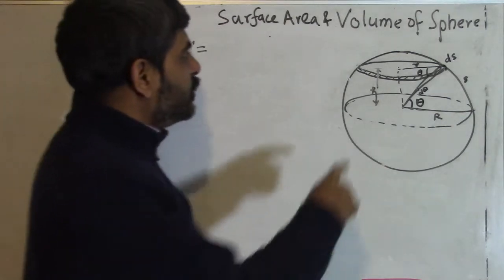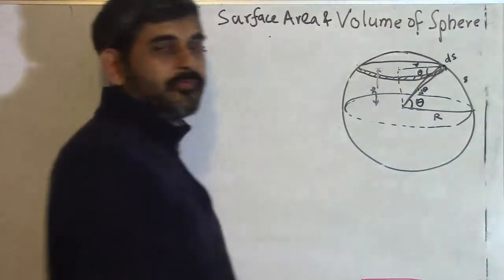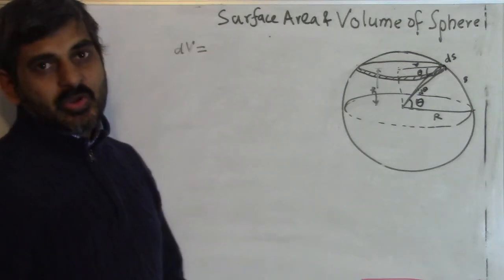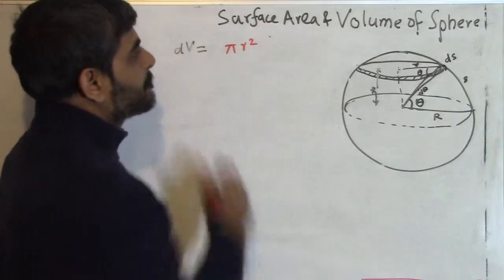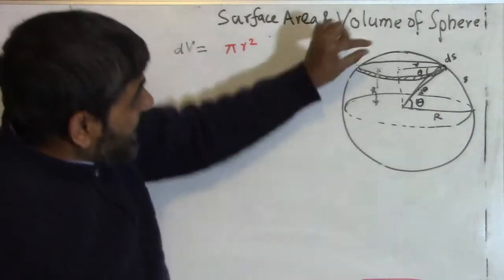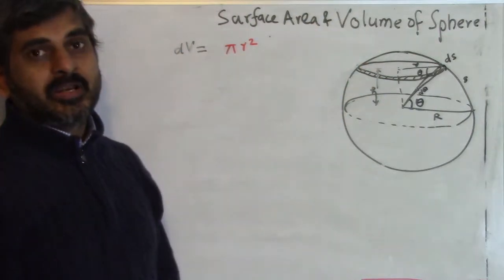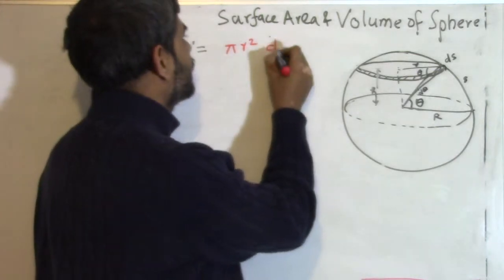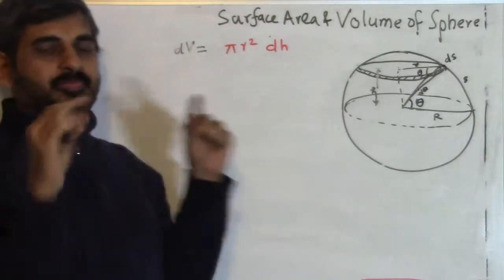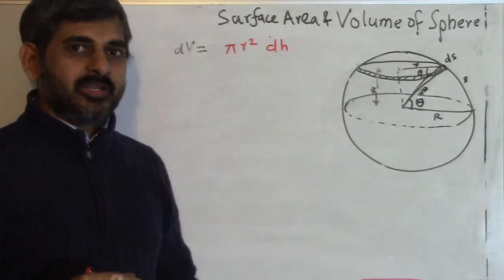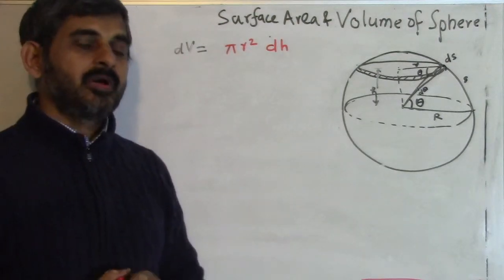That will be equal to the area of the base, which is going to be pi R square, multiplied by the height of the cylinder, which is dh. This is that one small strip. This is how we do all the integral calculus problems.